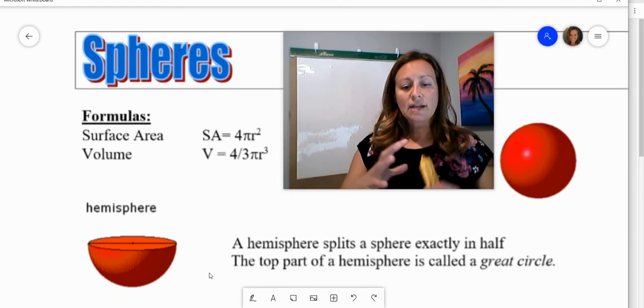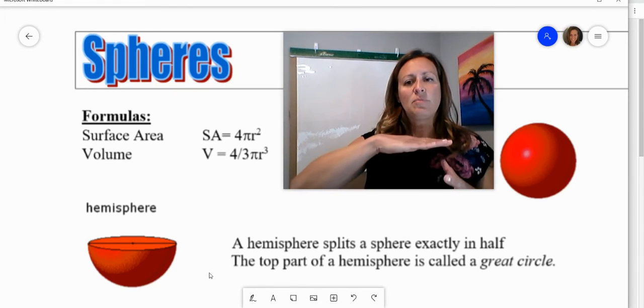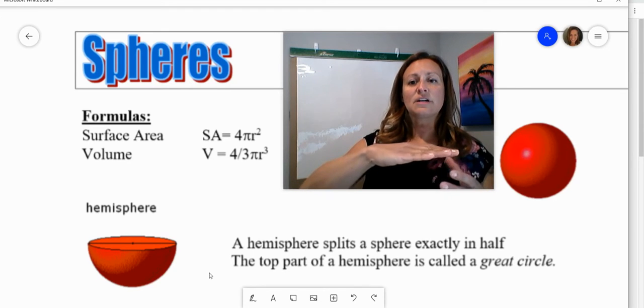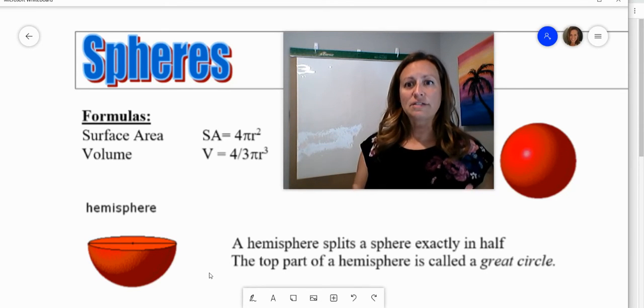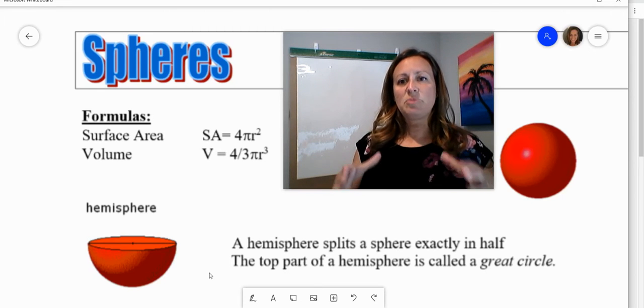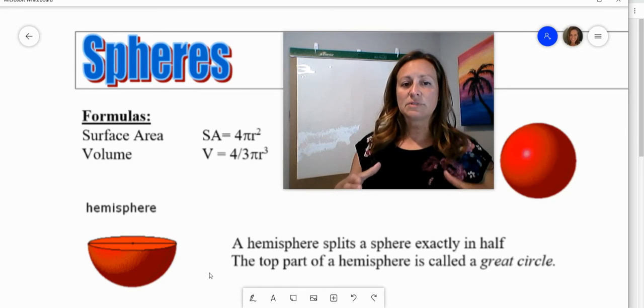When you look at an open hemisphere, the exposed surface that would have been inside the sphere is called a great circle of the sphere. It's the biggest circle that you could form if you were to slice this sphere in any way, because as long as you go through the center, you're going to get the biggest possible footprint.